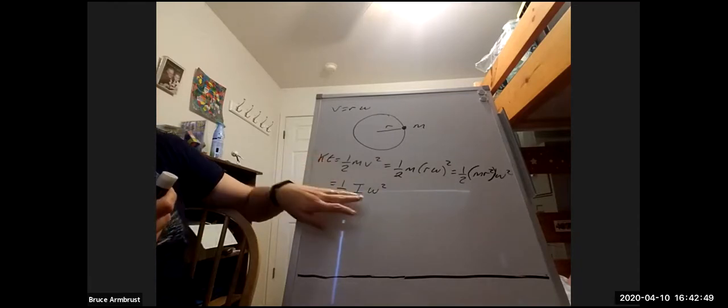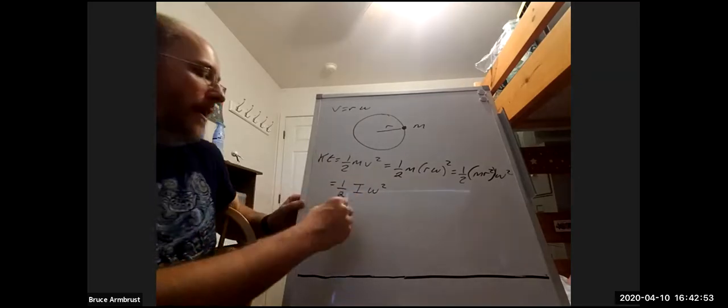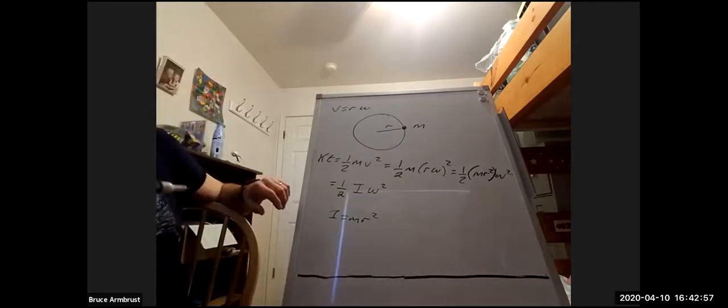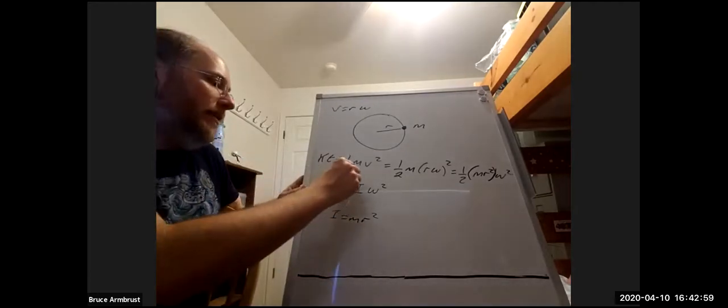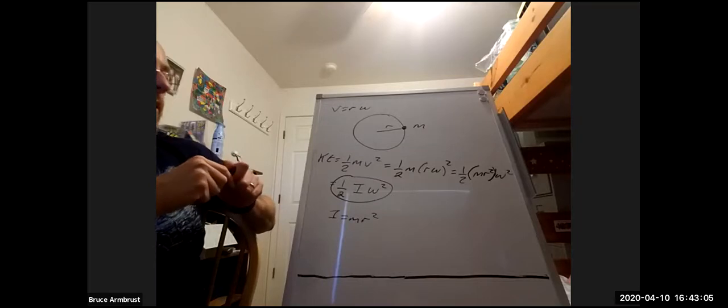We just have an angular quantity and this new I thing, where I is equal to mr squared. And this is our rotational kinetic energy. It's got exactly the same form, we just have different quantities.